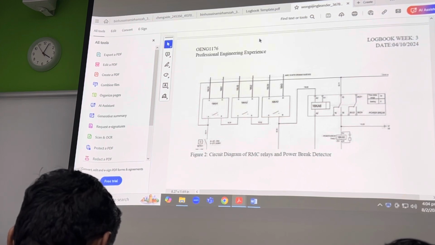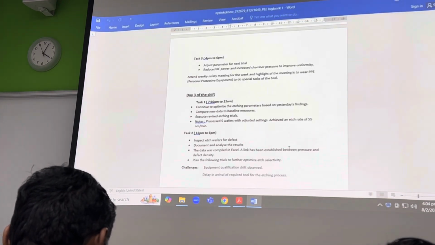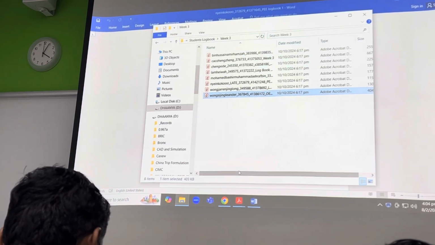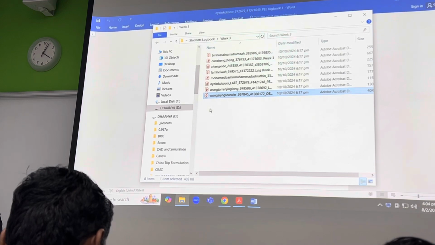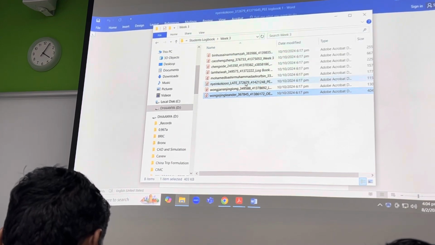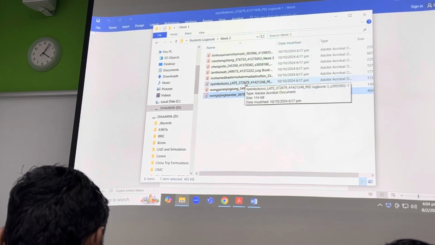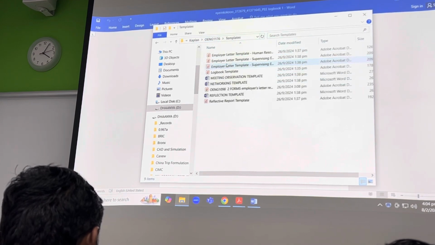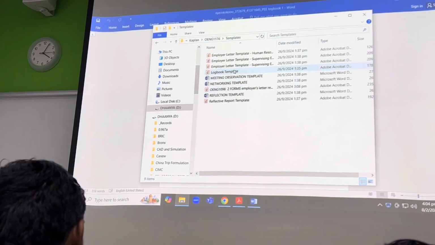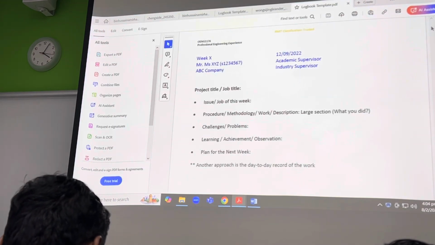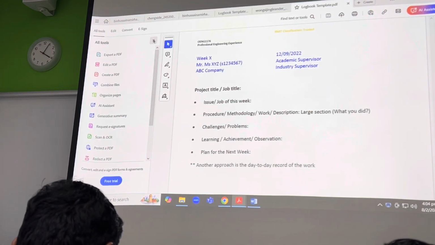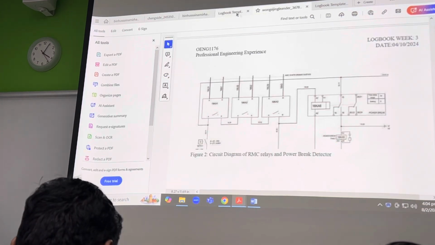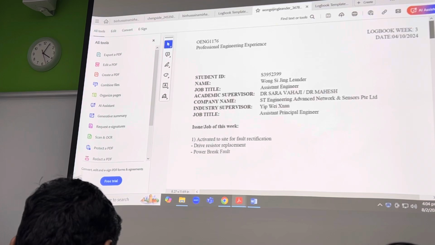Okay. Right. Yeah. So this one I showed already. So I hope you got an idea what to capture in your logbook. Right. Template is in the, I think the template is there. Yeah, this is a template given by the school. We need not necessarily follow this. Okay, you can follow like how RMIT give.